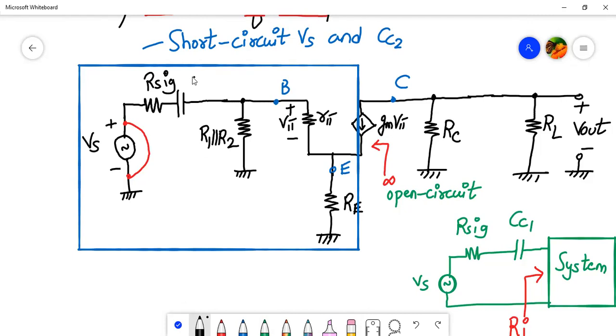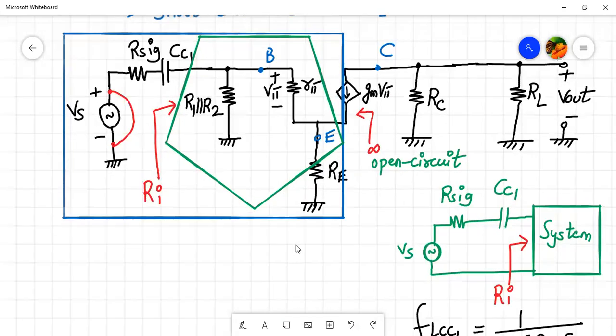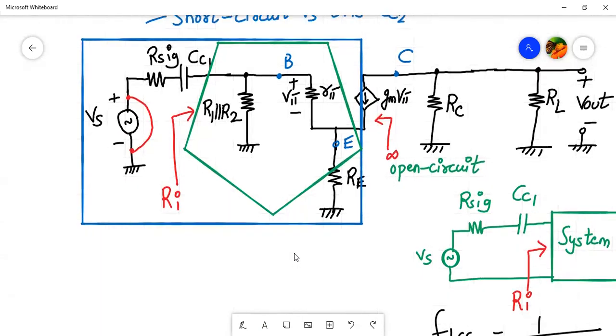What I'm really trying to make the point is that in this circuit we have to apply the system. Our system is this, the green part. So this is the system which we are talking about, and over here we have to find out Ri of this system. Okay, understood, right? So let's proceed forward now.